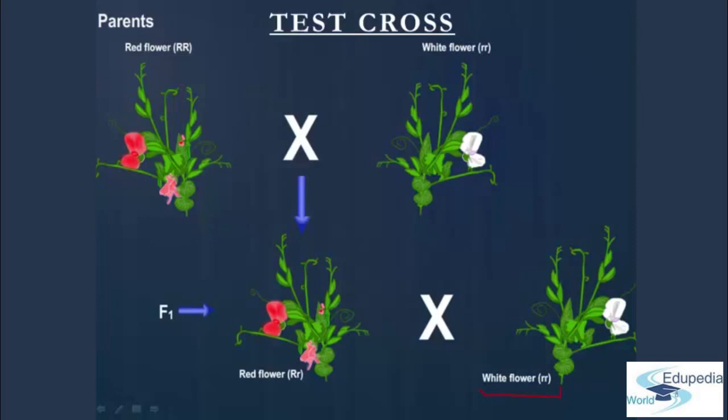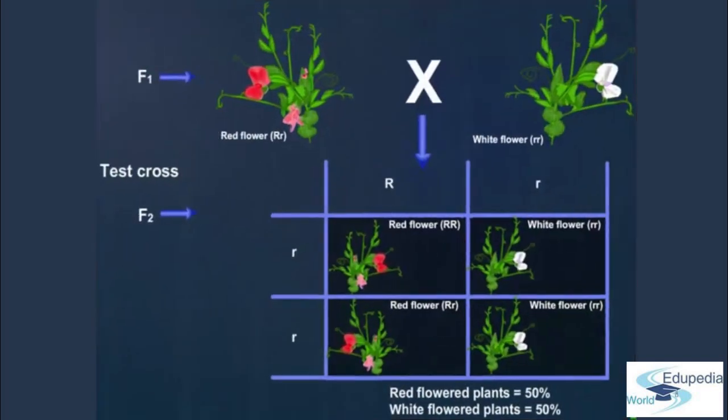And what are the results? Here are the results obtained. The F2 generation consists of 50% red flowered plants and 50% white flowered plants. You can see the characteristics of the F2 generation progeny. This was the test cross.